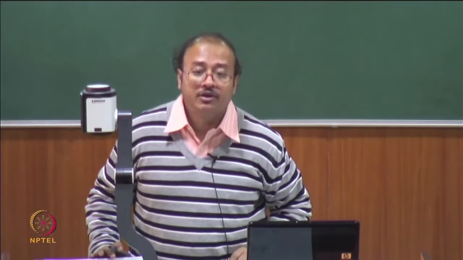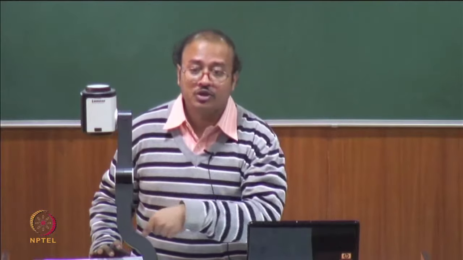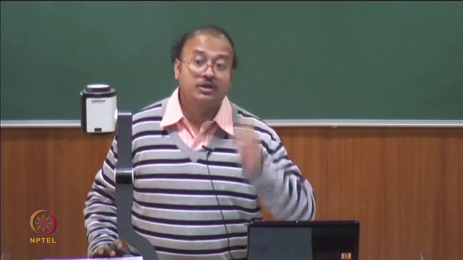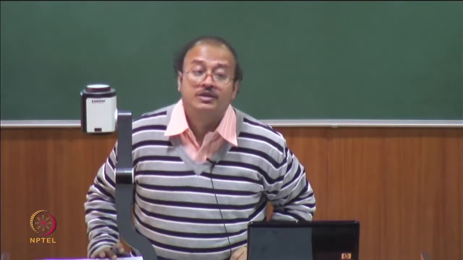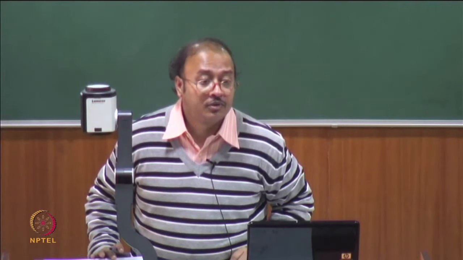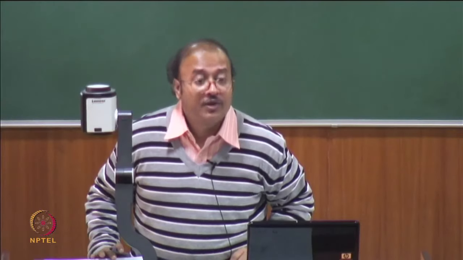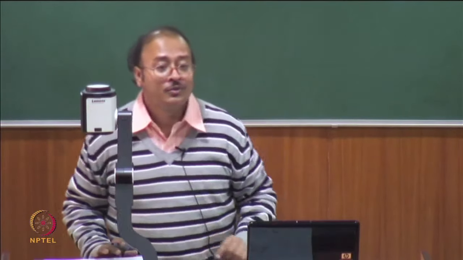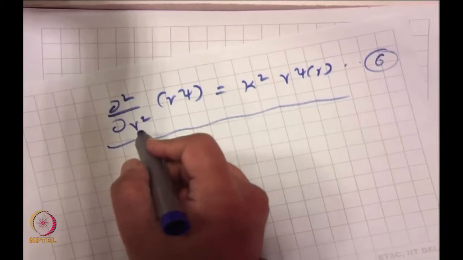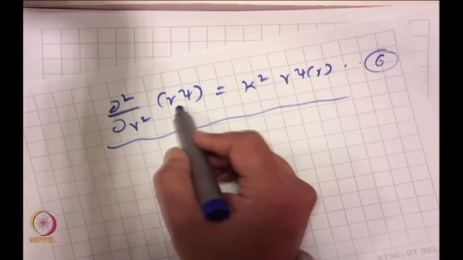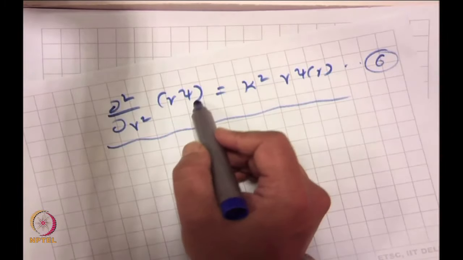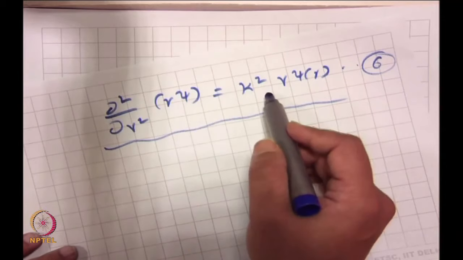Do you see any similarity between the equation we solved and the equation we are solving here? What was the equation we solved? We solved del 2 psi over del x squared, right, is equal to kappa squared psi of x. What are you solving here now? You are solving del 2 over del r squared of r psi, that means r psi of r is equal to kappa squared r psi of r.